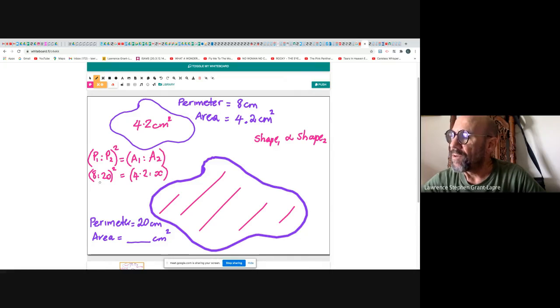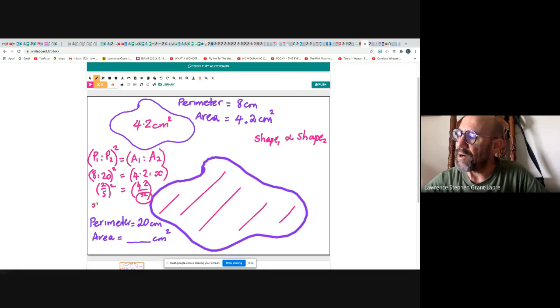I'm going to simplify this into 4 is to 10, 2 is to 5, and you could also write it this way, 4.2 over x. And a bit of algebra here, I'm going to bring this x up here to be x times, and I'm going to make that 4 is to 4, 2 squared is 4, 5 squared is 25.